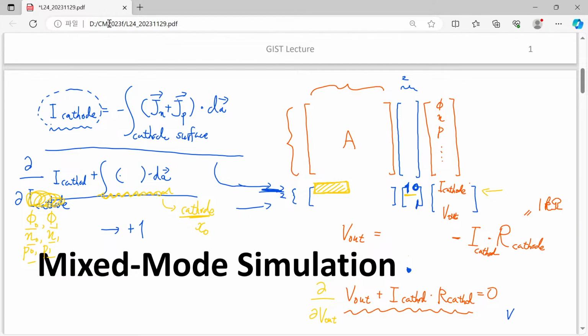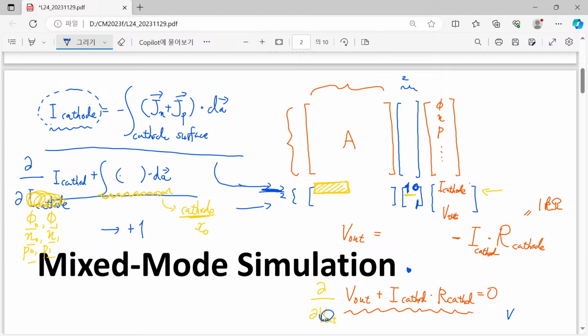However, there is another one. Not only this V out, but also I cathode is another unknown variable, and that will give you the Jacobian entry corresponding to here. Here you will have an R cathode.